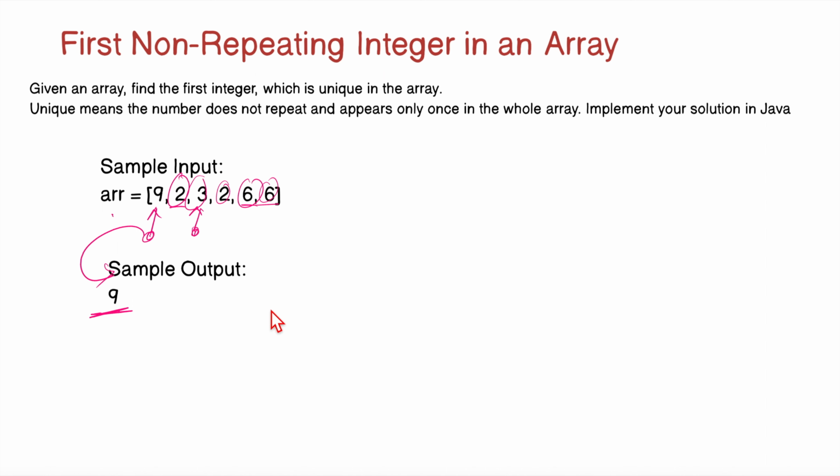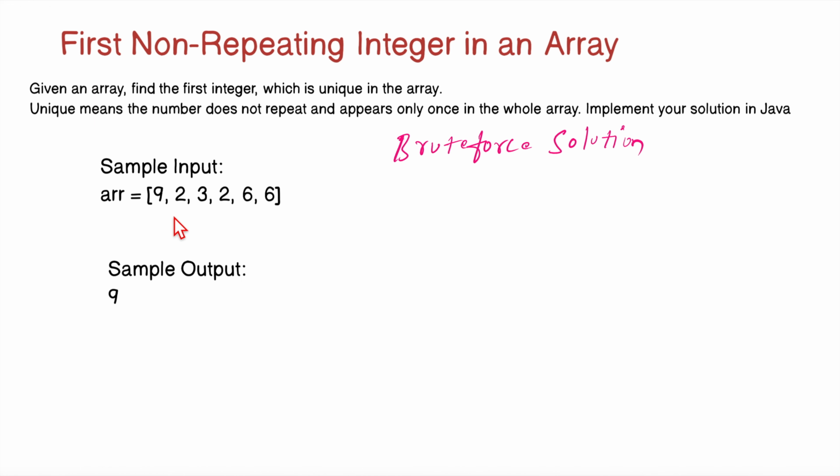So let's implement the code. Whenever we try to implement, we always think of implementing the brute force solution first. The brute force solution is to compare each element with every other element in the array. The 9 should be compared with all other elements to find whether it is unique or already has an occurrence within this array.